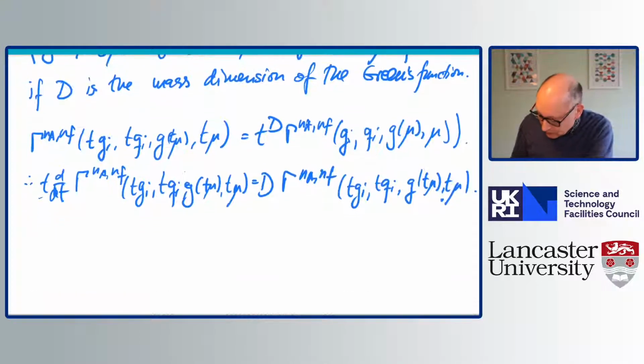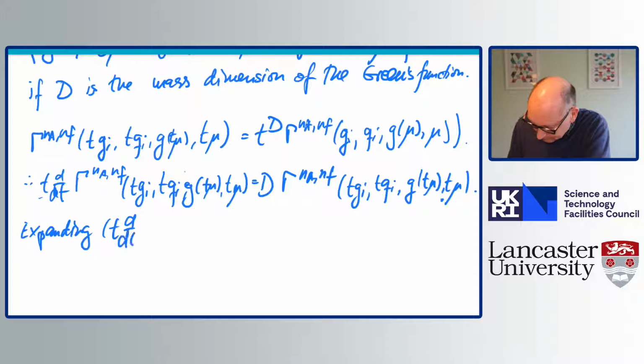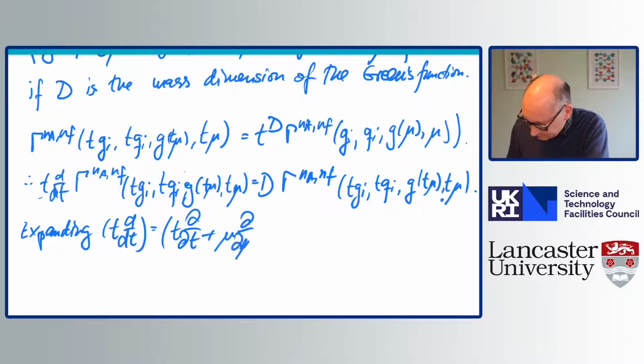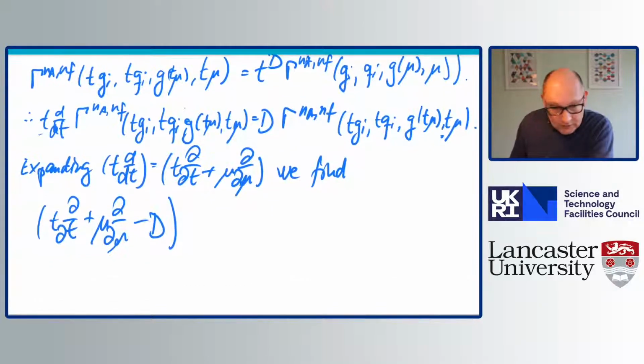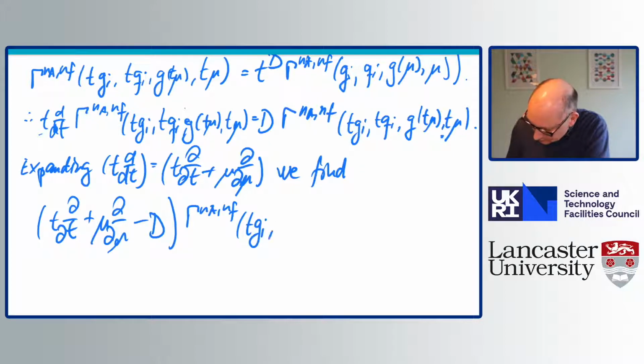Now, expanding the derivative, writing that in terms of the partial derivatives, we find that t partial derivative with t plus μ partial derivative with μ minus d, the mass dimension of the Green's function, on Γ N_A N_f with all the momenta scaled except the μ is equal to 0.